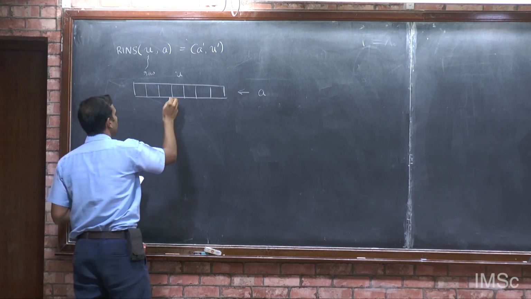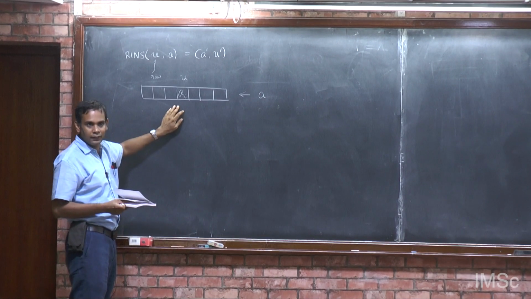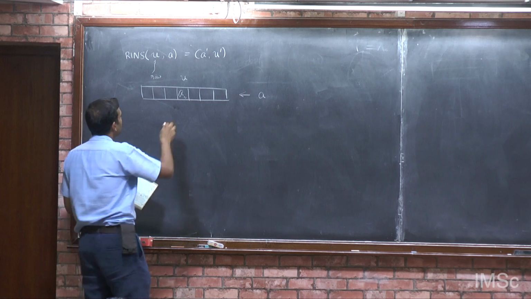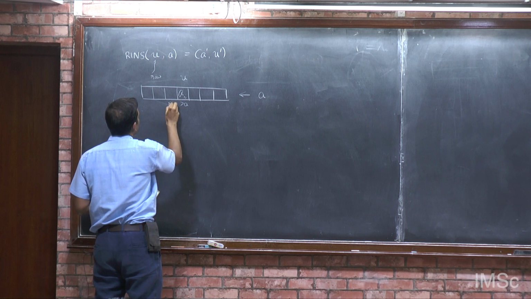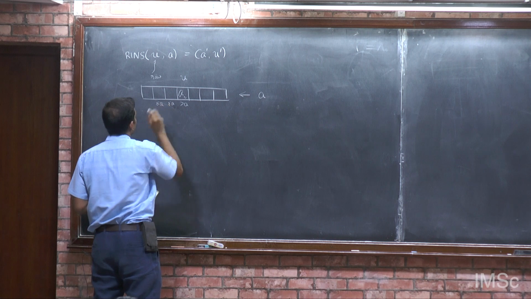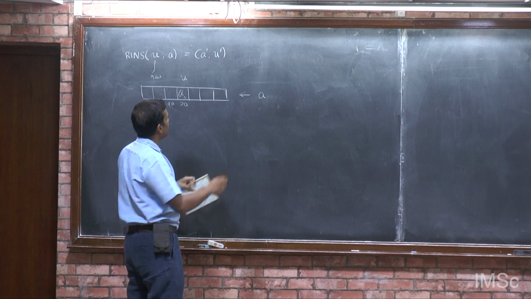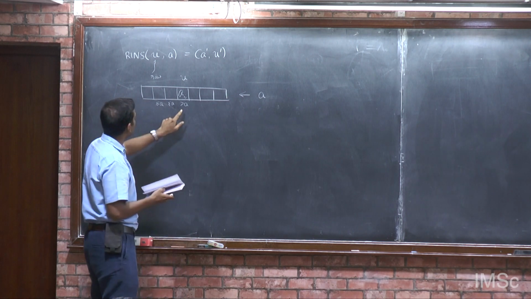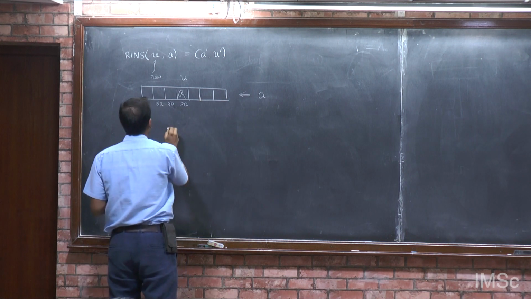So I look for the leftmost letter A_i which is strictly greater than A. That means this is strictly greater than A, and these are less than or equal to A. If such a thing does not exist, I just make A sit at the end of this row. But otherwise, I look for the leftmost letter that is strictly greater than A, and then I take this A and put it in here.